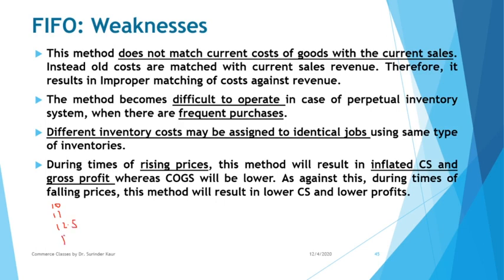Maybe the next lot is purchased at 14. Now how will you measure closing stock? Your closing stock will be at the highest lot, isn't it? It means your closing stock is inflated, and this inflation is not because you have more closing stock, it is because you have more cost associated with it.